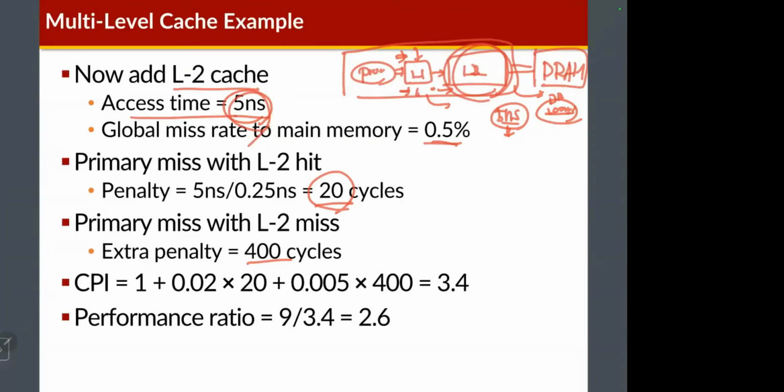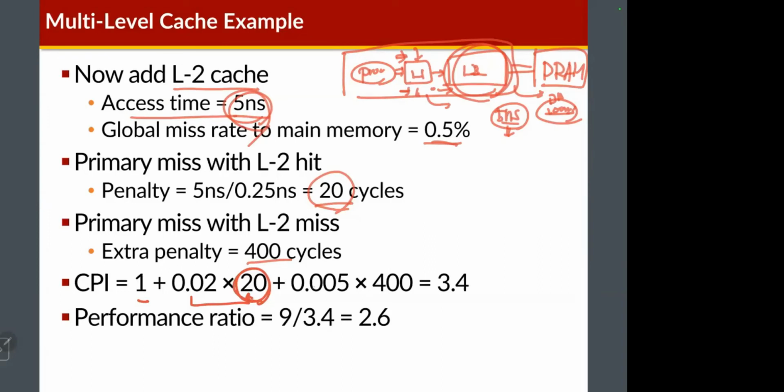Okay. Then what is the increased CPI? If this is the ideal CPI, then this is the miss penalty that is required to access L2. But the penalty is reduced because of L2.